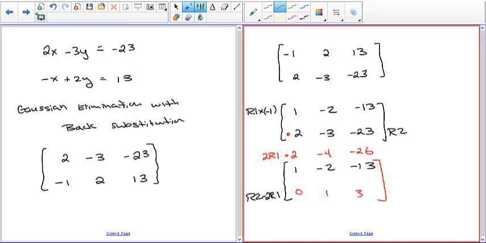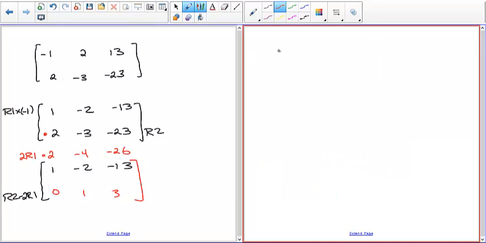So that's as far as you need to go for back substitution. Once you get to this point, you can write what these represent now, which is you take these coefficients and use those in front of the variables. So the first column is x, the second column is y, third column is the right hand side. So we're going to have 1x minus 2y is equal to negative 13, and 1y equals 3, or y equals 3.